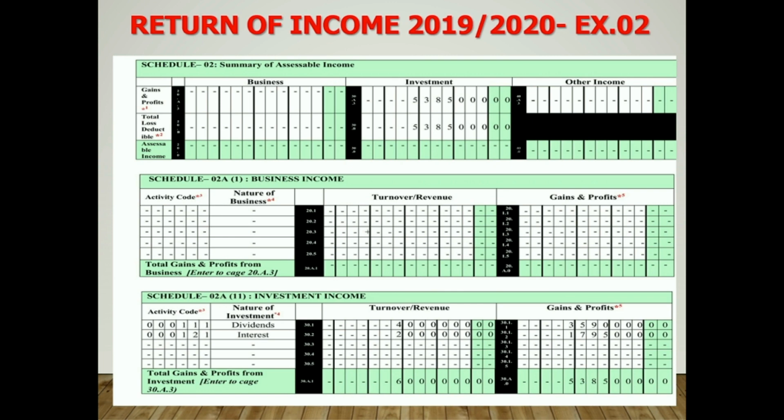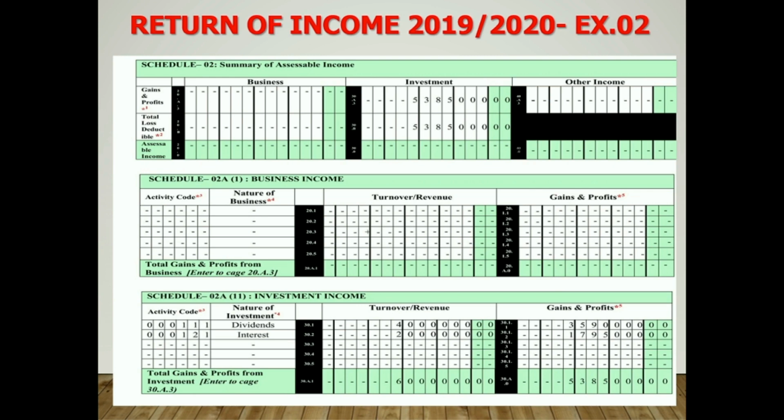In subschedule 2A2, interest and dividend income should be entered with activity codes, but other than final withholding payment. So we had dividend income during the first period. It's a final withholding payment.